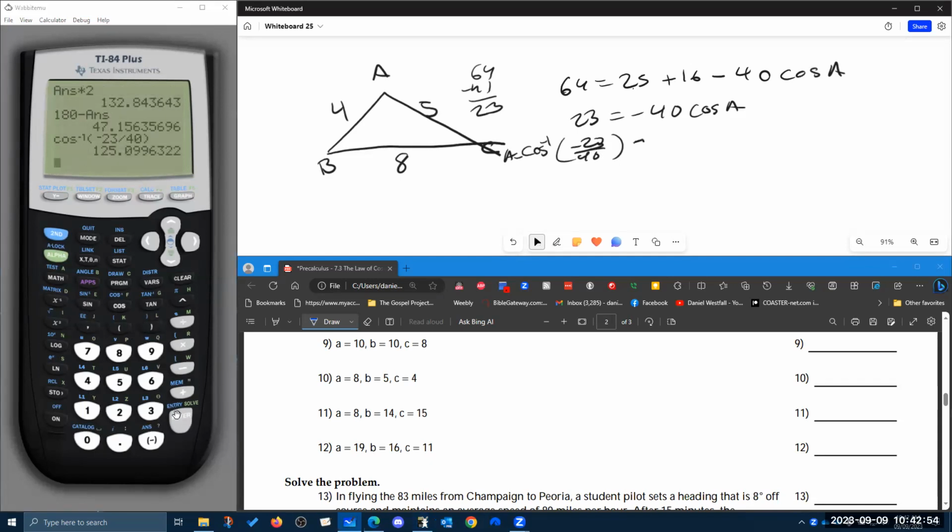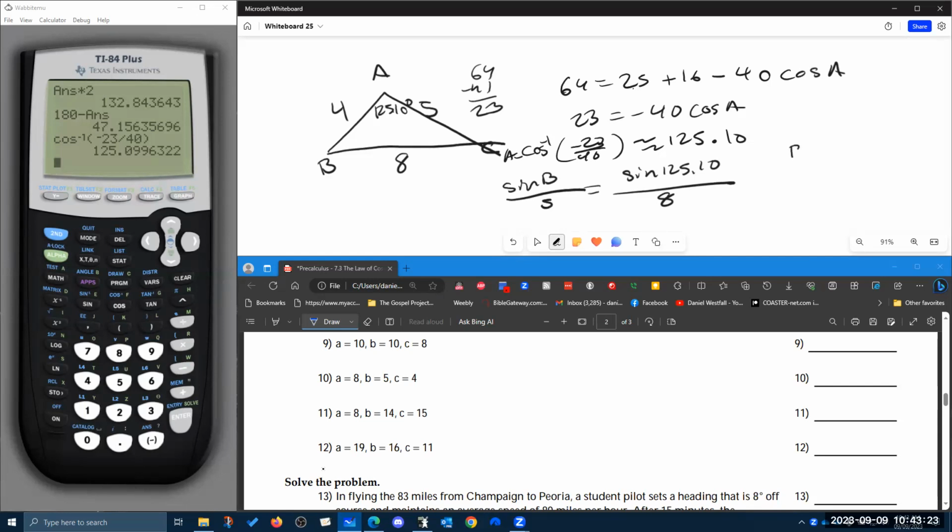It's going to be about 125.10 degrees. And then we'll use that with the law of sines over side a. We'll get side B here.